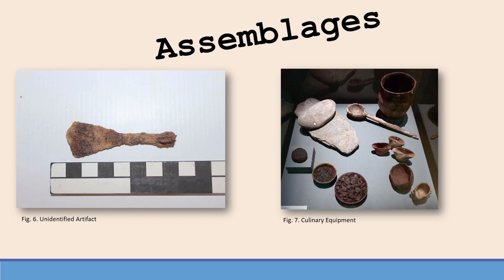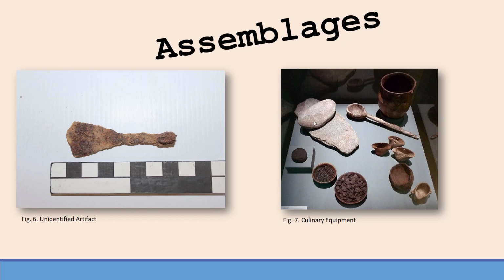And even though we can't identify that item on the left, since it was found with, in this case, 10 other items that are all cooking, maybe we say, I don't know what that's for, but it's likely for cooking. And this is the concept of the assemblage. The assemblage essentially is a group of items, a group of artifacts that are found together. That's the short definition, a group of artifacts that are found together.